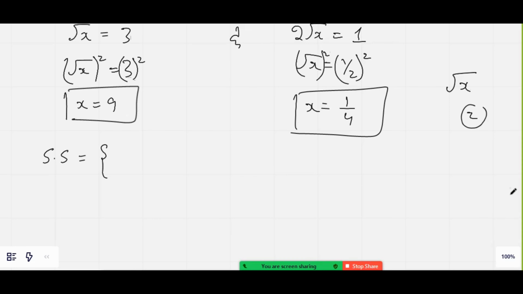That's why you're going to have 2 answers, 2 roots. If you're having a simple linear equation of this format, you're always going to have 1 answer. But whenever you have a linear equation involving a radical, then the number of solutions will be equal to the index of that radical. I hope it's clear.